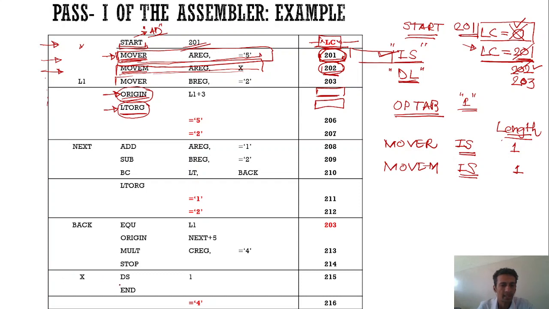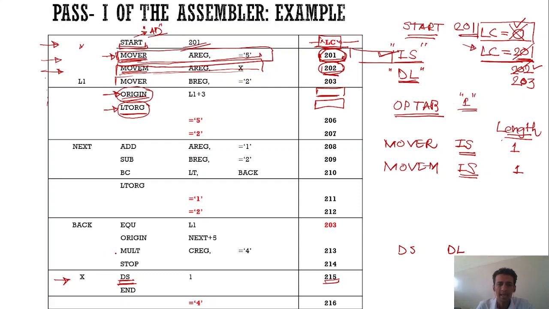Specifically for declaration type of statements, if you see this instruction, this is declare storage, which is of type DL, and the particular instruction DS is given the location counter 215.